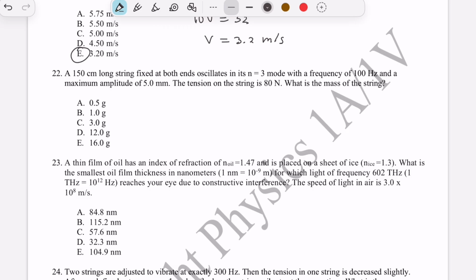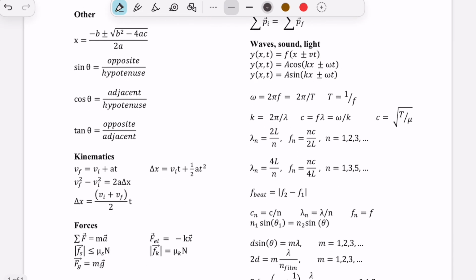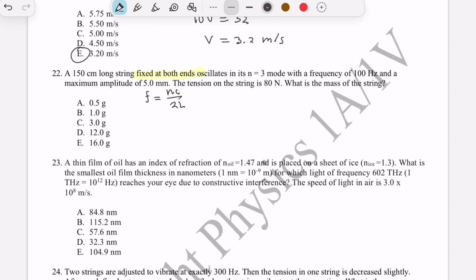So I see that the string is fixed at both ends, so I need to use this equation. So remember that this is fixed at both ends or open at both ends. This is one fixed, one open. So I know frequency is 100, n is 3. I'm trying to find C because I see that I have tension. The only formula that includes tension in it is this one here.